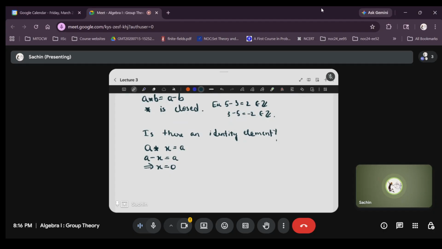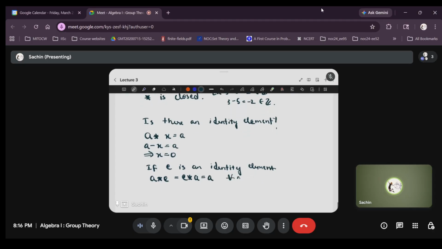X star A should also be A. If E is an identity element, A star E should be equal to E star A, and that should be equal to A for all A in G.